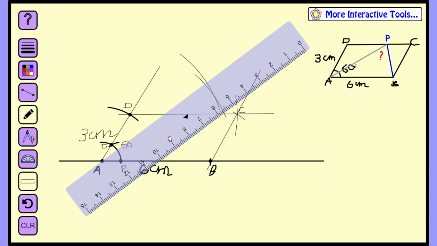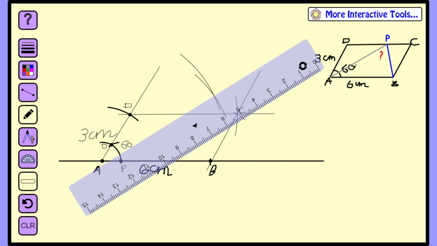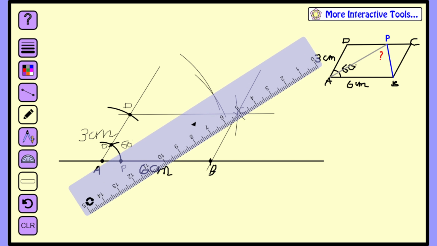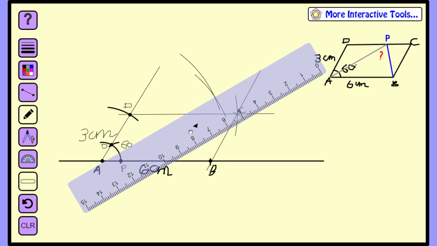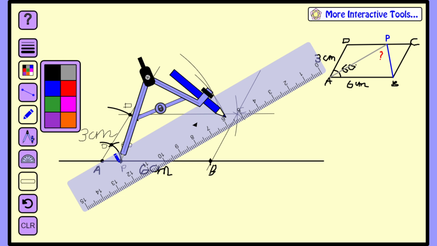From A, pass a ray through this intersection, as precisely as you can. It'll become perfect with practice. I'll use a different pen for this.